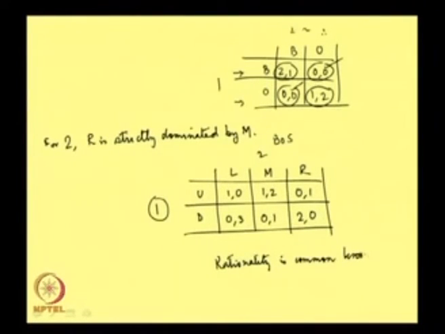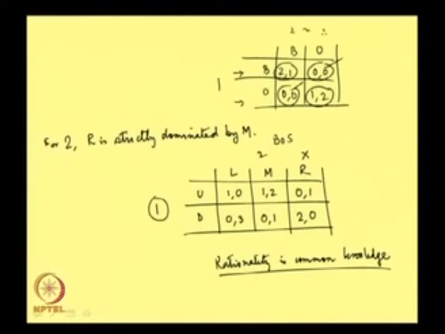This is how we write it, that rationality is common knowledge. If I know my rival is rational, then I can figure out by looking at this game that he is not going to play this. So, R is out of the question, it is not being considered by player 2.